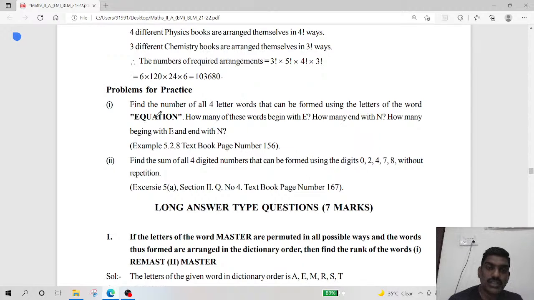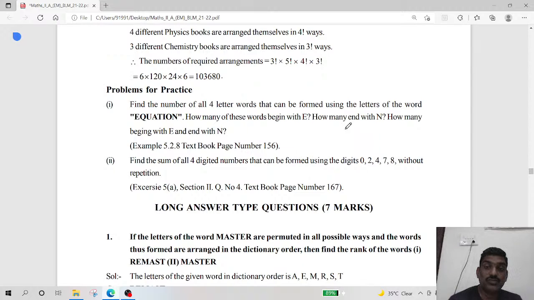Here we have 7 letters and 3 places left. In the 3 places we can arrange these 7 letters. Okay.